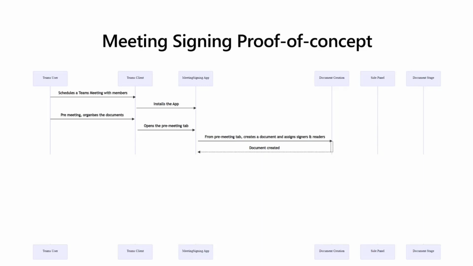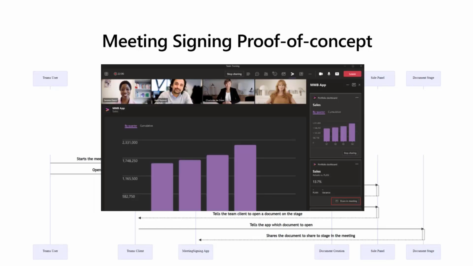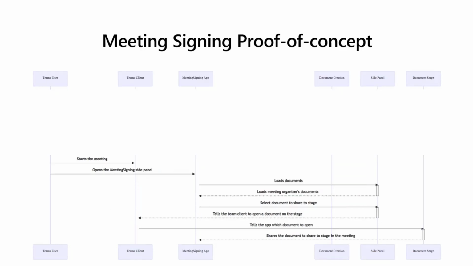I now have a document, and the second part is about sharing it in a meeting. So here comes the time of the meeting, and we all join, and I start the meeting and open the side panel, the right-hand part from the previous slides, if you remember. On the panel, because I created a document, I own one, right?